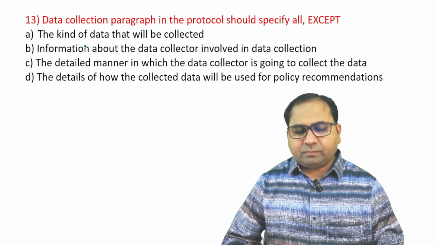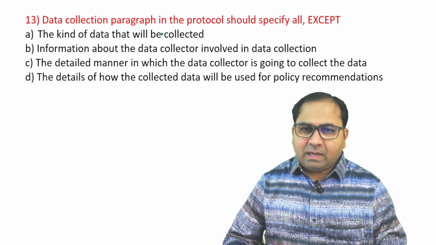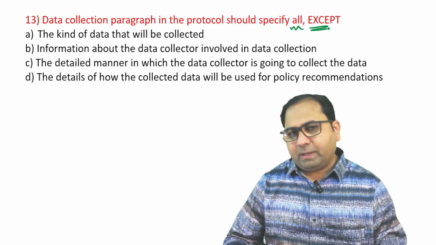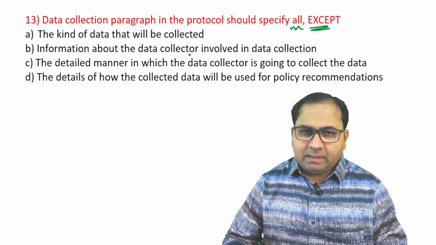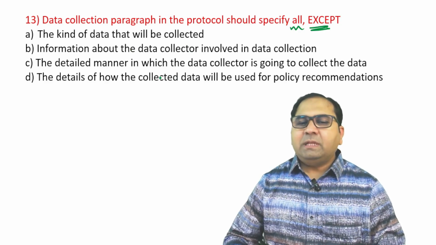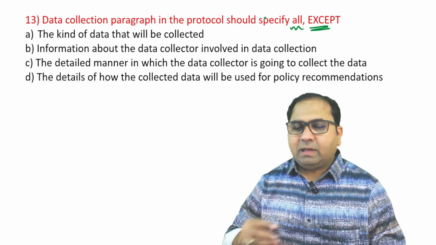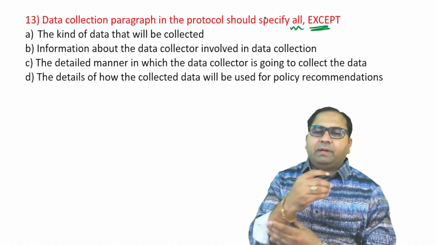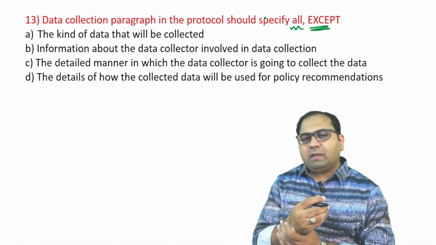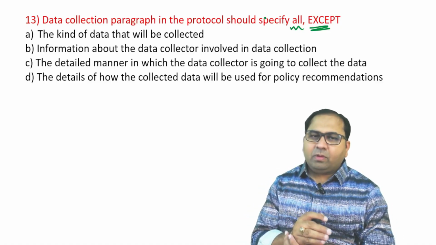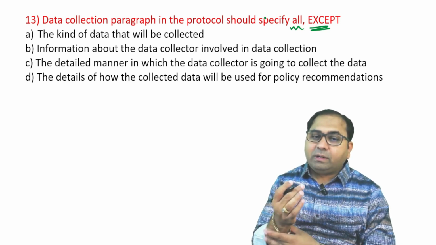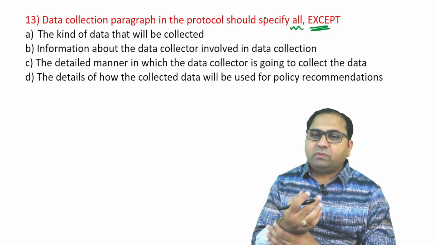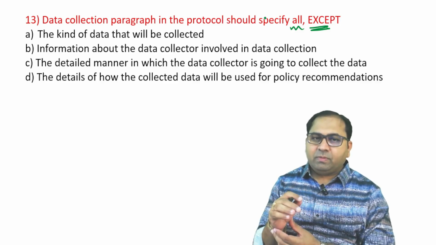Next question. Data collection paragraph in the protocol should specify all except what? The options are A, the kind of data that will be collected, B, information about the data collector involved in data collection, or C, the detailed manner in which the data collector is going to collect the data, or D, the details about how the collected data will be used for policy recommendations.